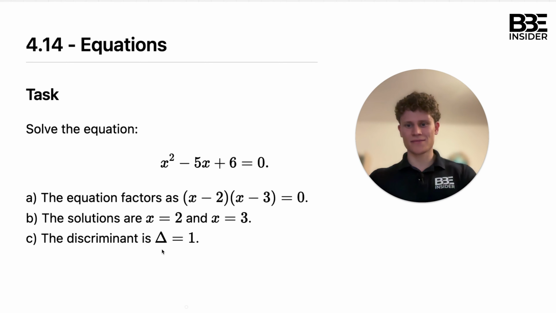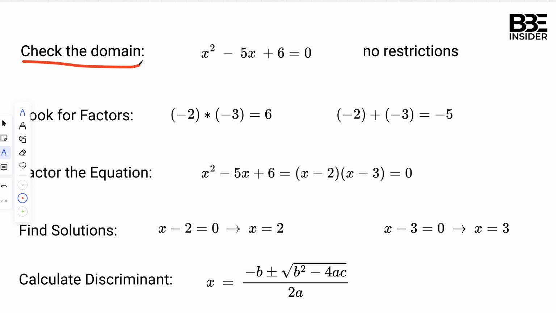Let's start. And we start by checking the domain. Because there's no division or root involved, it's easy to say that there are no restrictions in our domain. In the next step, we start by looking at the factors. As you know, we need to find two numbers that multiply to 6 and add up to -5.